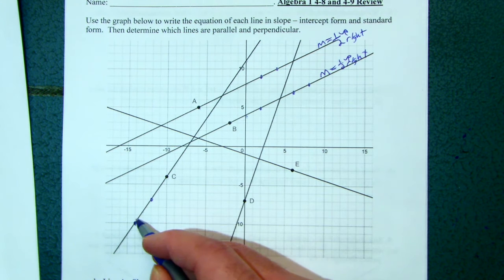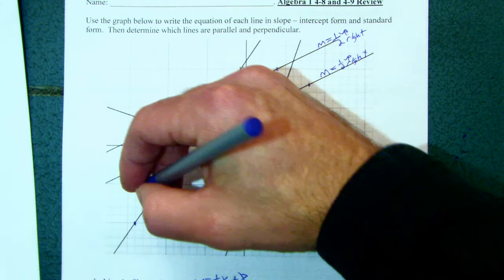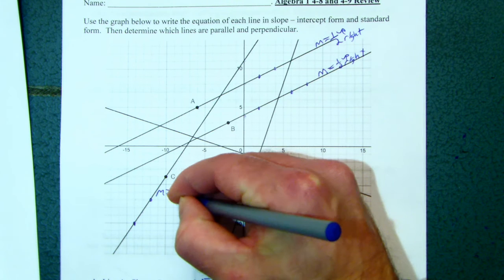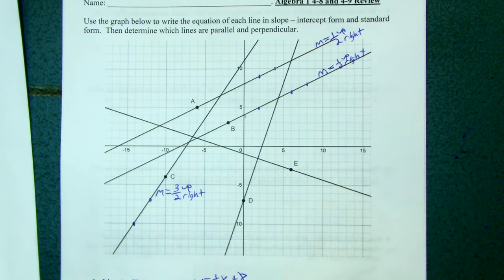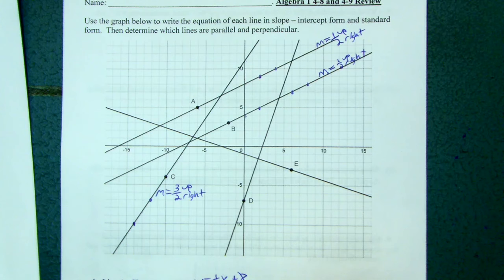So we're going up 1, 2, 3, right 1, 2. So for C, I'm going to say my slope is 3 halves. Up 3, right 2. So I'm going to have y equals 3 halves x. And we said our y-intercept was up there at 11. So plus 11 is going to be our y-intercept.